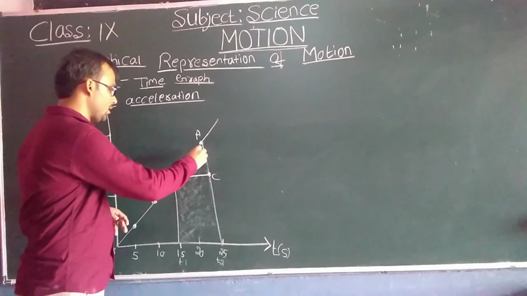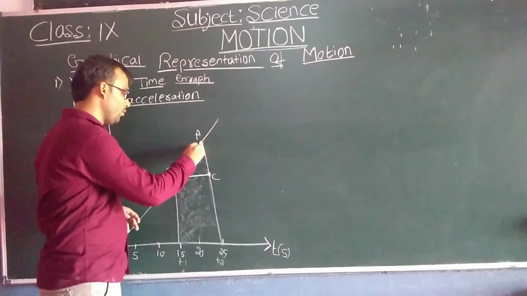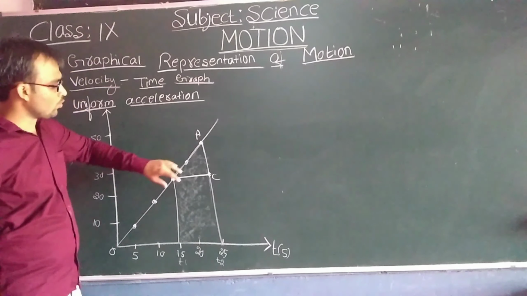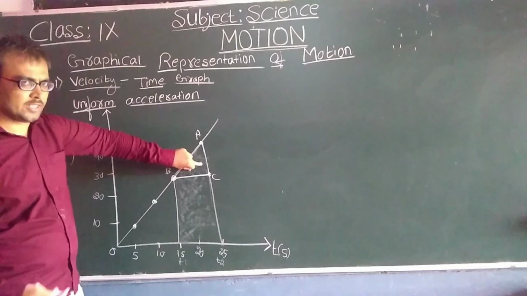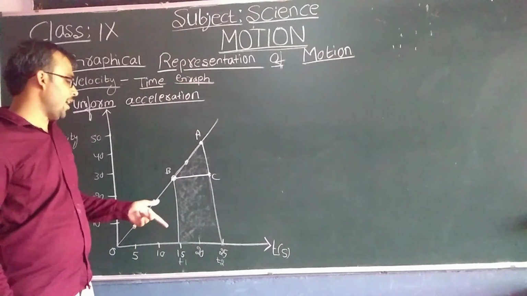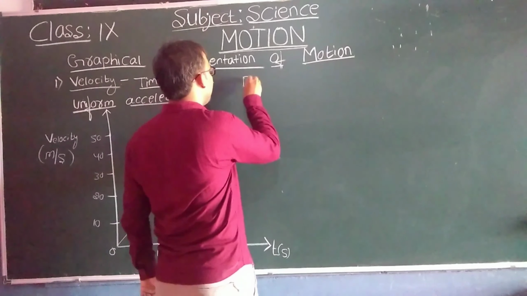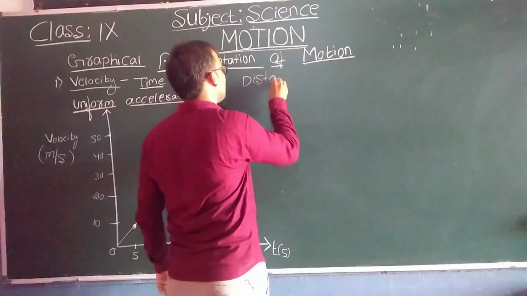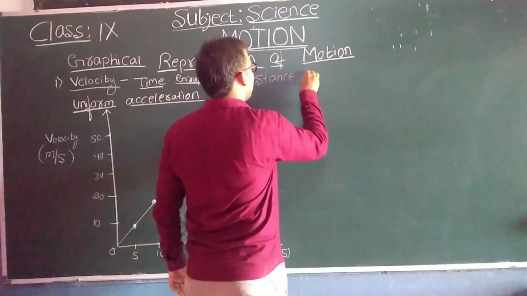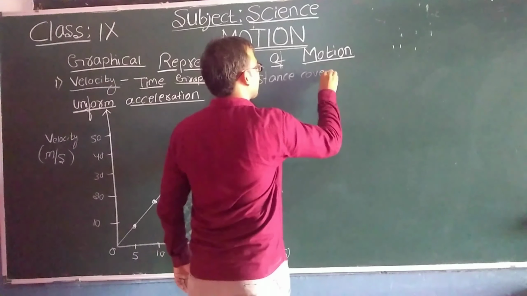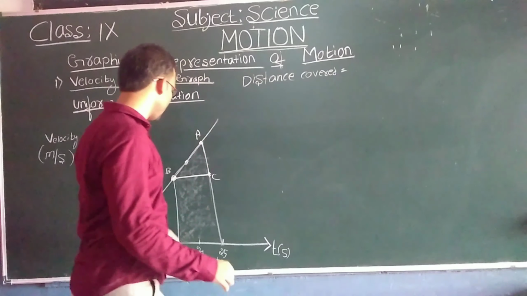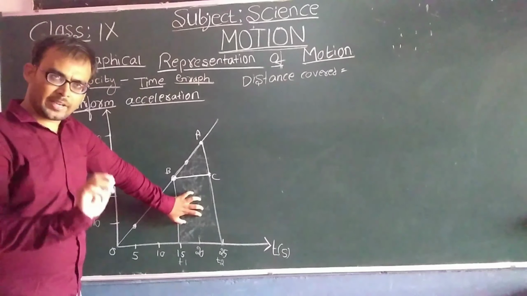This area is divided into 2 parts. You can consider this as a triangle. It looks like a triangle now, and this looks like a rectangle. So the distance covered equals the area of the rectangle plus the area of the triangle.